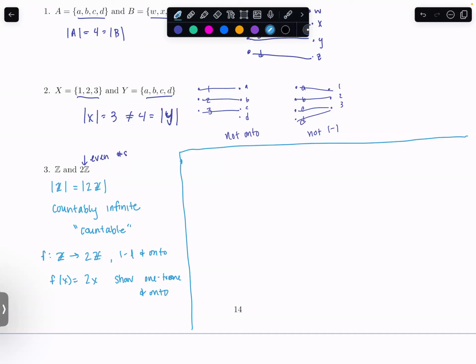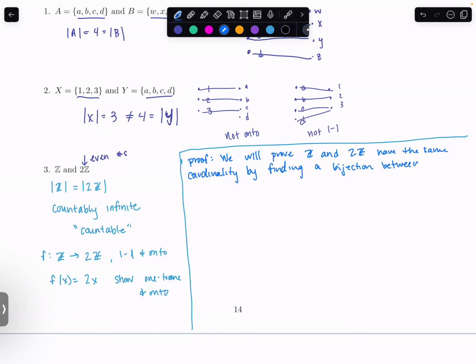So we will prove Z and 2Z have the same cardinality by finding a bijection between Z and 2Z.